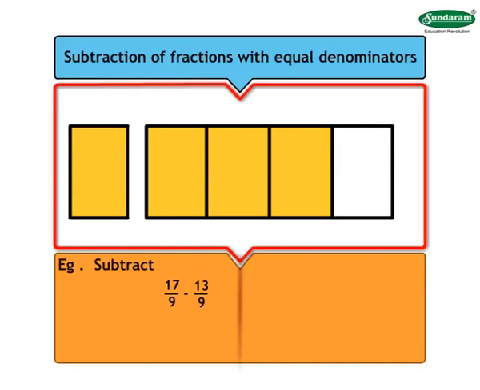Write the common denominator as it is. Thus, 17 upon 9 minus 13 upon 9 is equal to 17 minus 13 the whole upon 9. Therefore, 17 upon 9 minus 13 upon 9 is equal to 4 upon 9.